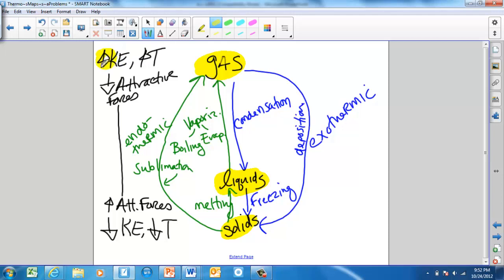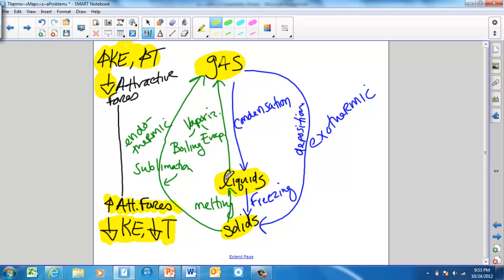Remember, we kind of had this continuum out to the side of kinetic energy and temperature that are higher for the gases and lower for the solids. And then on the flip side, if we have higher kinetic energy and higher temperature, you have very low attractive forces. Okay, and those are going to change as we go, if we think about going down the scale this way, where for solids you have your lower kinetic energy, your lower temperature, but your higher attractive forces.